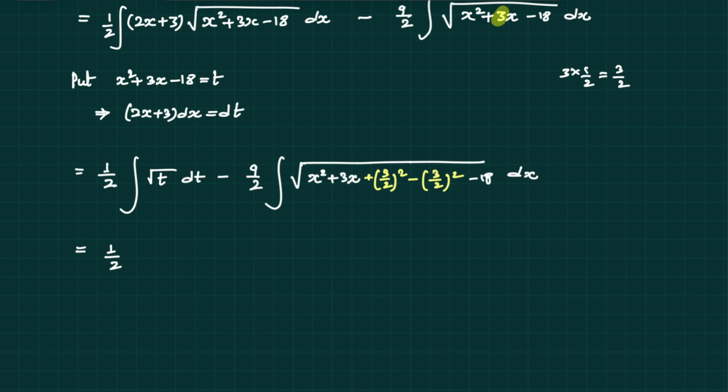Integration of t to the power half is t to the power 3 by 2 by 3 by 2, minus 9 by 2 integration of this everything.